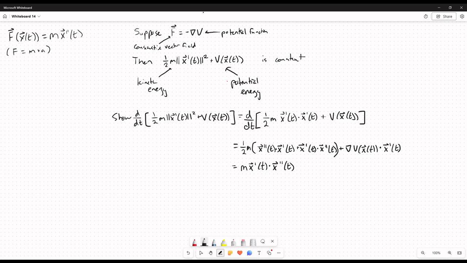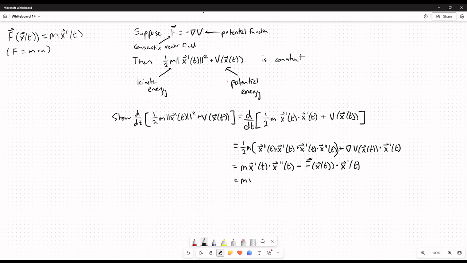And let's do one other thing. I know that the gradient of v is negative F. So I can rewrite this as minus F of x of t dotted with x prime of t. And now here's where Newton's second law of motion is going to come in, because I know that F of x of t is equal to m times x double prime of t.